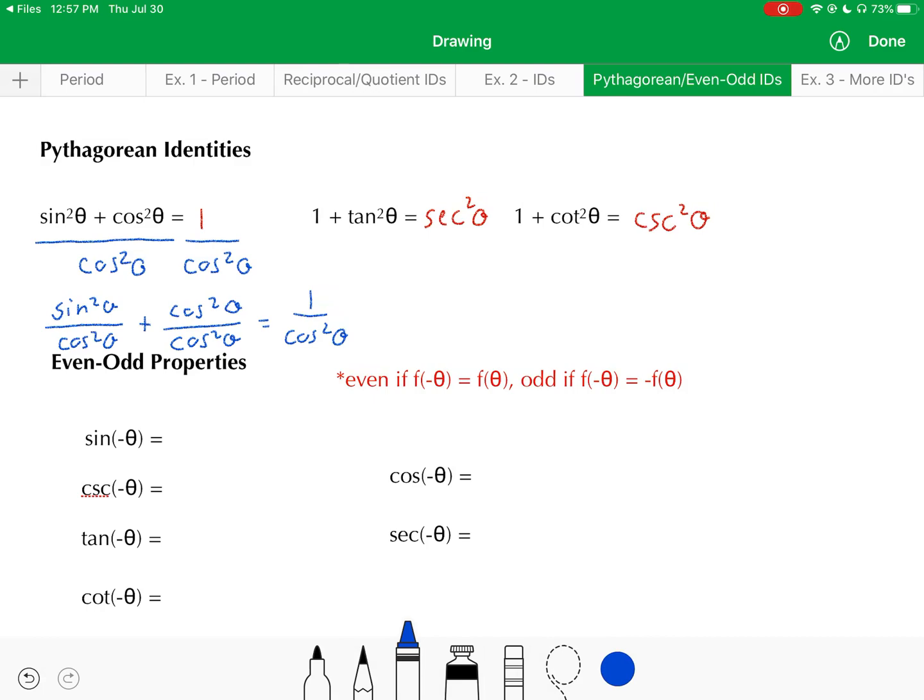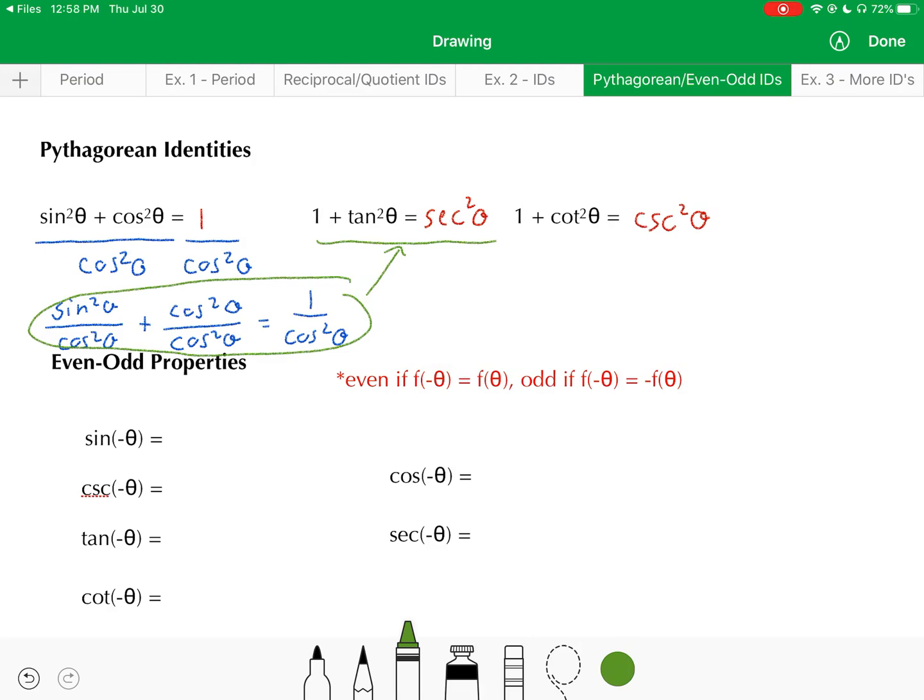Sine squared over cosine squared, you can use a quotient identity on that, and you can say that that is equivalent to tangent squared. Cosine squared divided by itself is equal to 1, and then 1 over cosine squared is equal to secant squared. So ultimately, right here, this is going to lead you to this identity, okay?